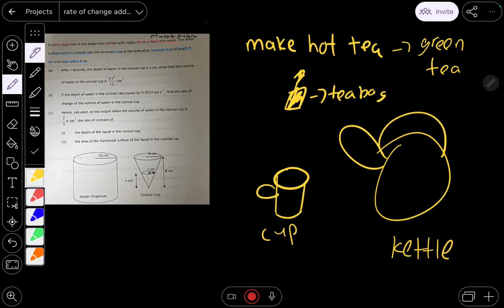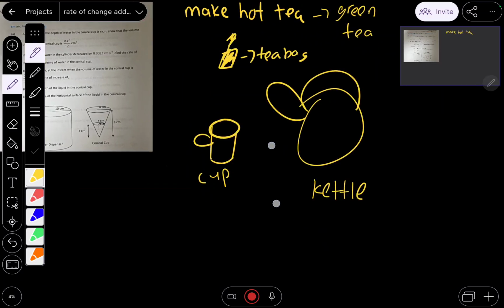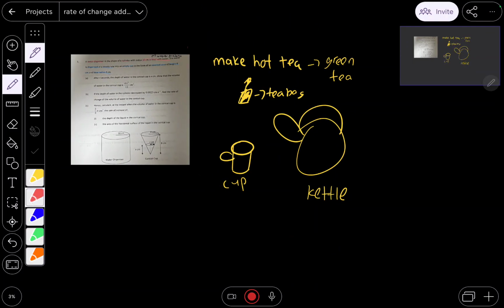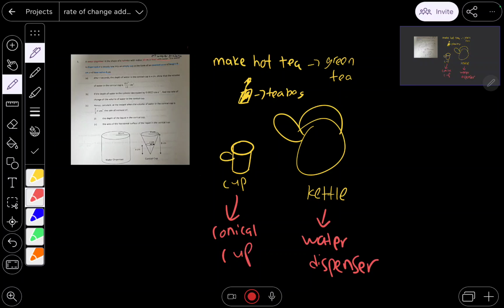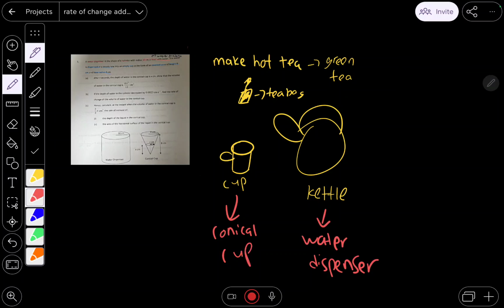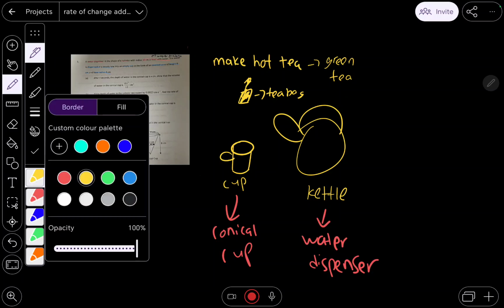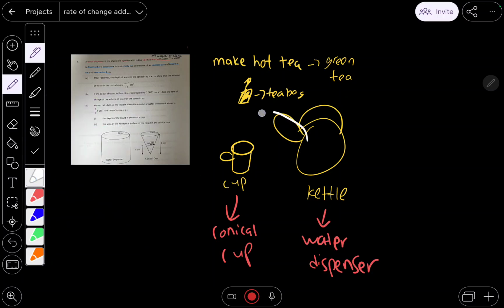So let's take your kettle now as the water dispenser, and your cup as the conical cup. I want you to have this analogy. Think about it. When you need to make tea, you have to pour water from the kettle into the cup, correct?